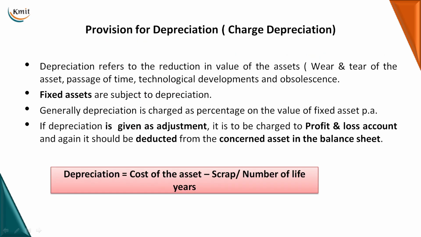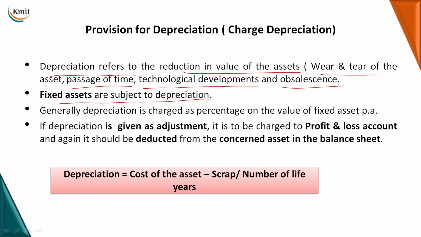Next one is provision for depreciation, right? Depreciation refers to the reduction in the value of the asset. It can be due to wear and tear of the asset, passage of time, technological developments, and outdatedness, right? So fixed assets are subjected to depreciation.